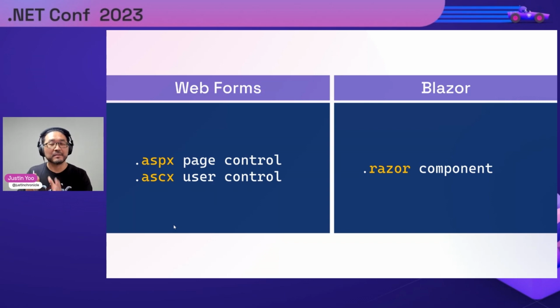On the other hand, Blazor applications have Razor components. Both web controls and components consist of the HTML part, which takes care of the UI representation, and the C# code part that looks after the UI logic.